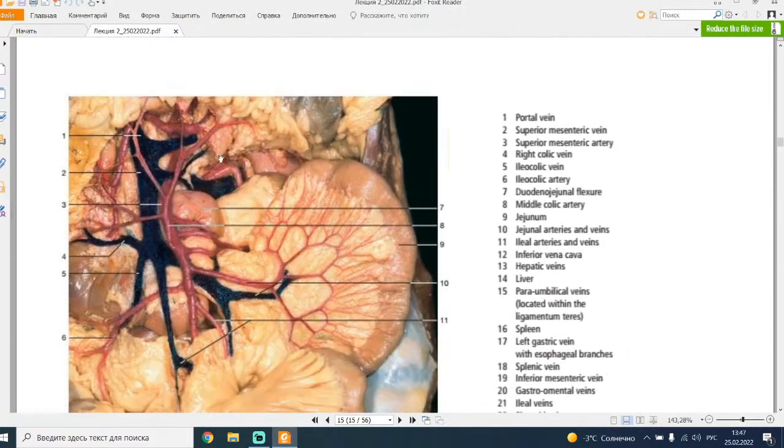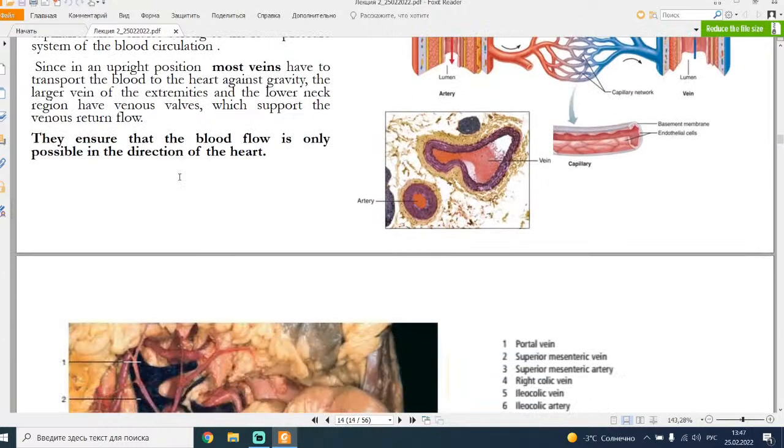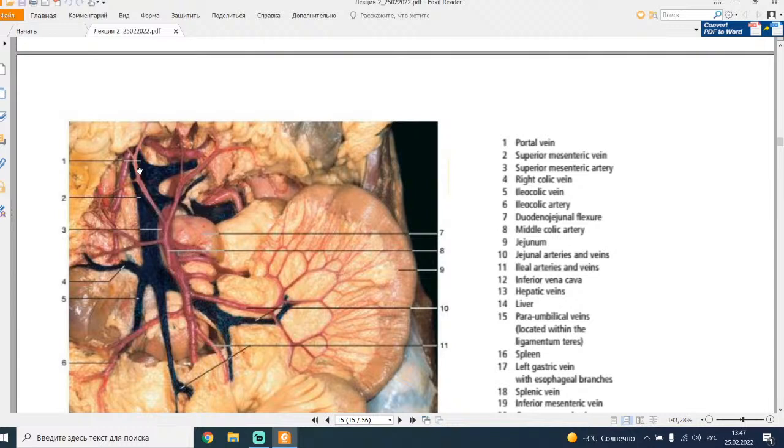You see the accompanying vein. What you see? The artery, middle colic artery. This is arteriole. This is capillaries. This is vein.